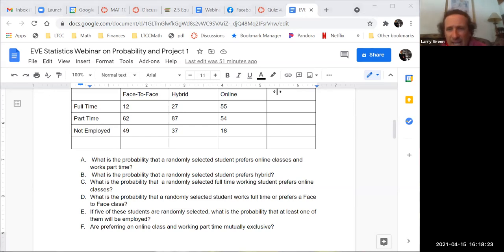Okay, so again, very important is to remember the definition of probability. What do you always have that starts with an F when you're talking probabilities?